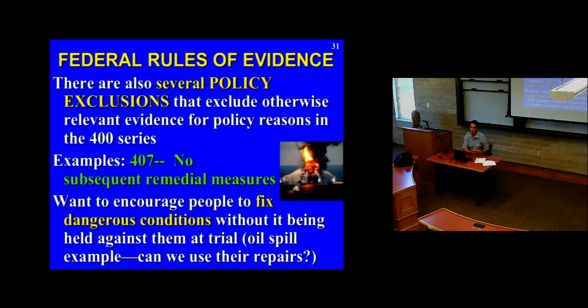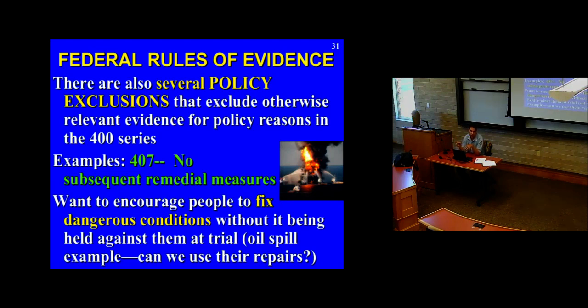Well, if the oil company is being sued, and the oil tanker company is being sued for a faulty design, and then they do the subsequent remedial measure of having a double hull, we don't want the fact that they now design their ships with double hulls to be used against them. Because what would that be? Subsequent, it occurred after. Remedial, they fixed it.